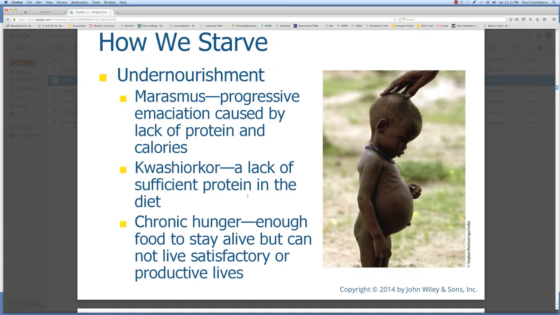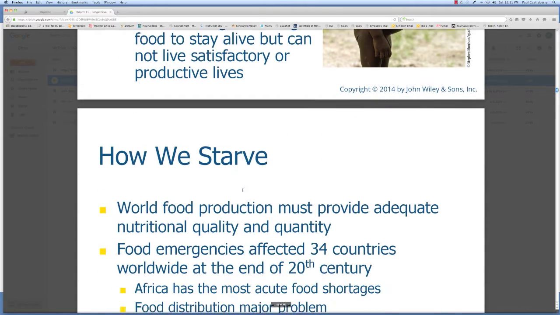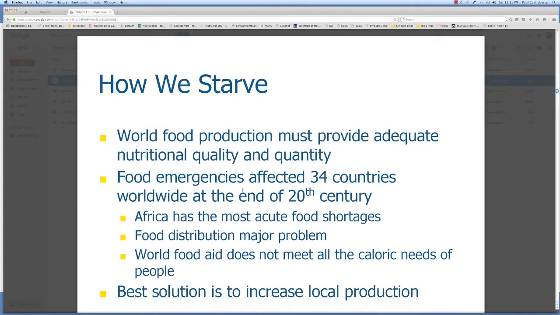They eat to stay alive, but they can't live satisfactory or productive lives. And in fact, there's some cognitive degeneration in terms of their brain. They eat and they sleep and they become very inactive just because the nutrients are not present in the food that they have. It really is a sad situation.